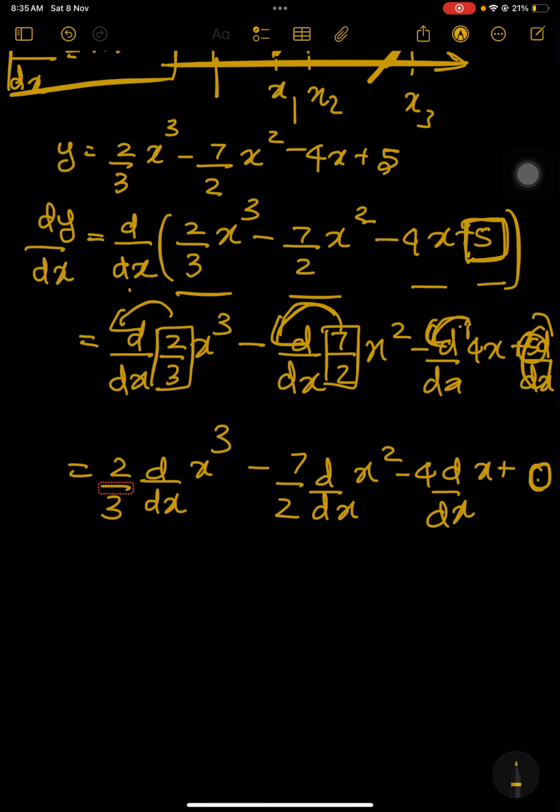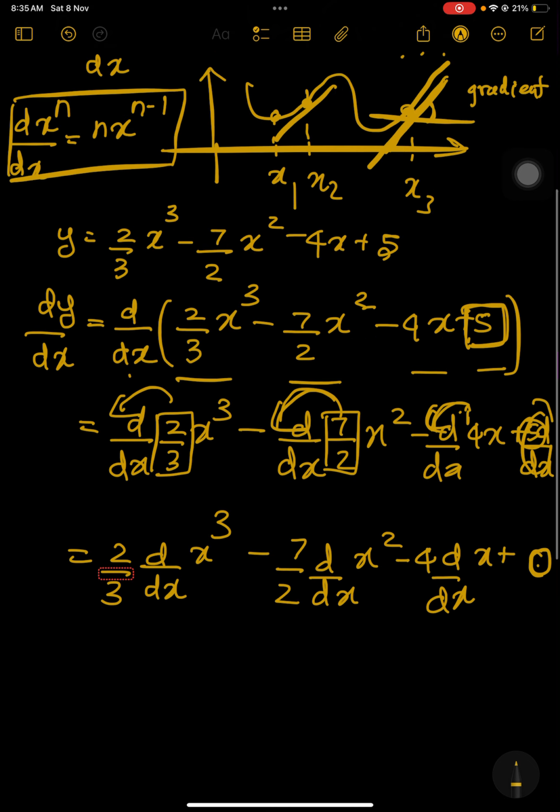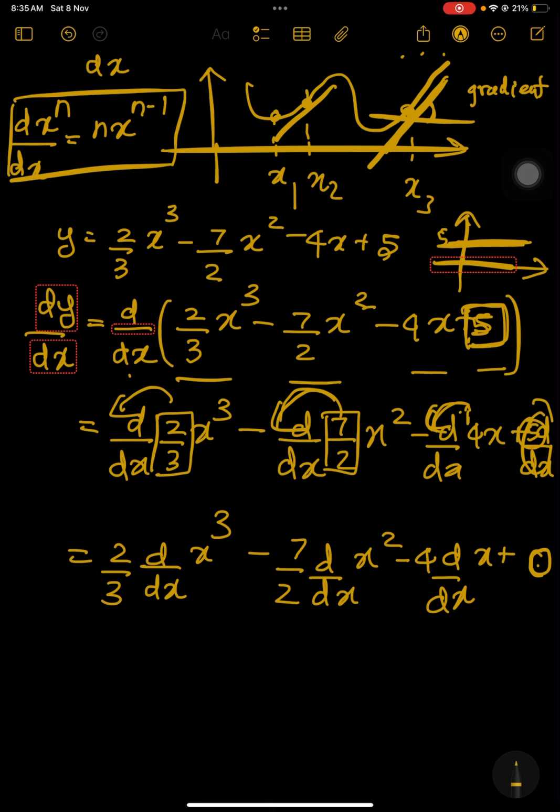For example, if there is a function called 5, it is just a horizontal line, which means there is no gradient in that. There is no slope in this graph. So if you differentiate it, it is going to give you a 0 value.